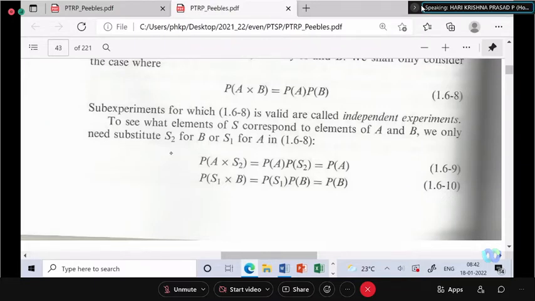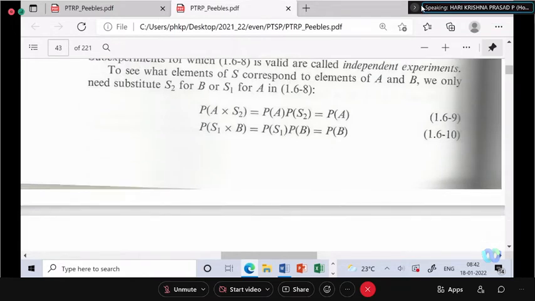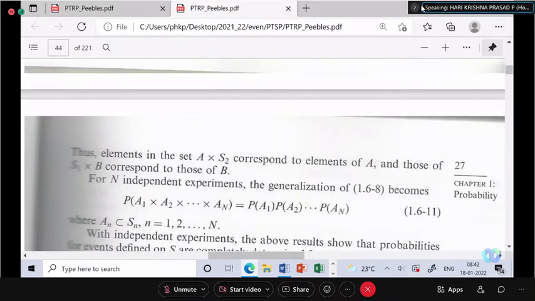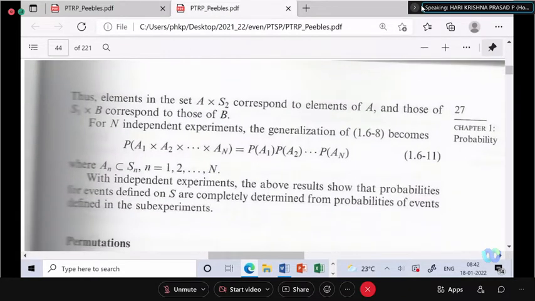Likewise, in the second expression that follows, probability of S1 cross B is probability of S1 times probability of B. That is probability of B. That is how we compute the probabilities of events.